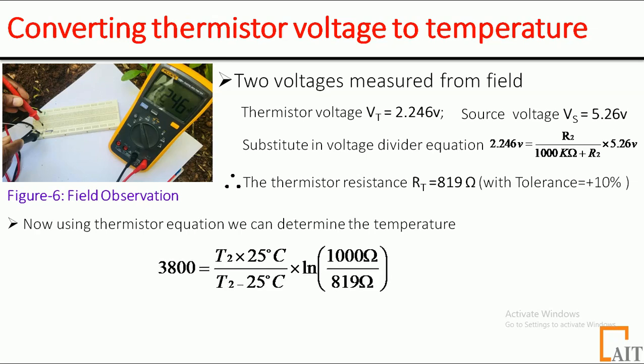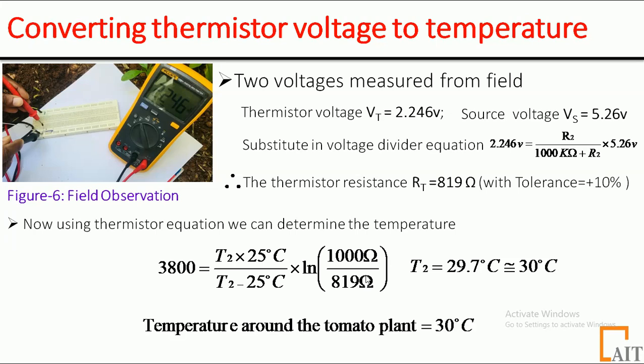We have substituted this value in place of R2, and we have obtained the temperature to be 29.7 degrees centigrade, which means approximately 30 degrees centigrade. So we can say that the environmental temperature around the tomato plant is equal to 30 degrees centigrade.